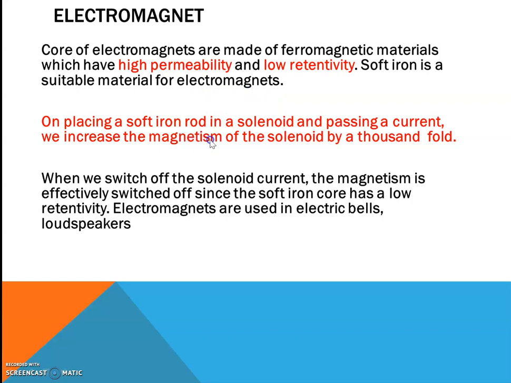On placing soft iron rod inside the solenoid and passing current, its magnetic properties can be increased thousands of times. When we switch off the current in solenoid, the magnetism will be switched off and soft iron core having low retentivity will demagnetize.